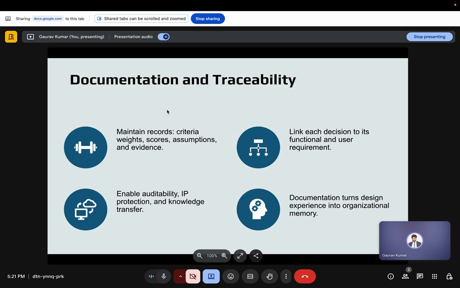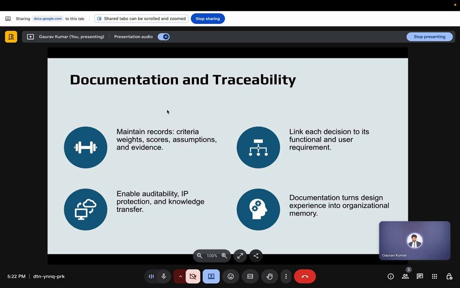Maintaining such a record supports auditability, reproducibility, and team knowledge continuity. All criteria, weights, scores, assumptions, testing outcomes, and feedback loops should be meticulously logged, and each design choice must be traceable back to its functional and user requirement, reinforcing the chain from opportunity identification to final embodiment.